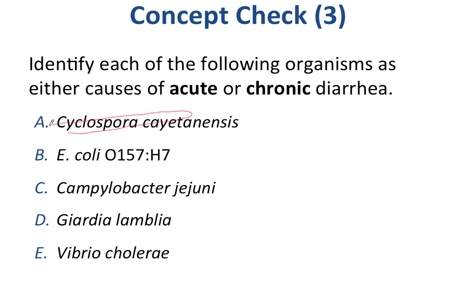Okay, so we can see Cyclospora, actually this is chronic. E. coli O157 is acute. Campylobacter jejuni is acute.